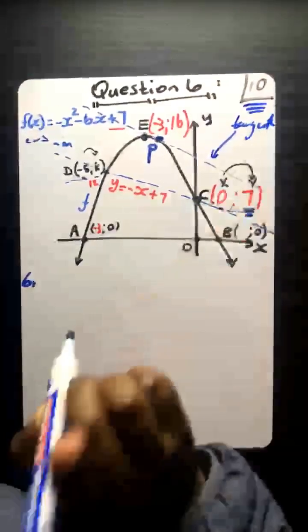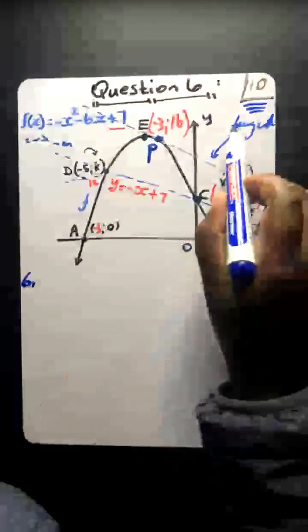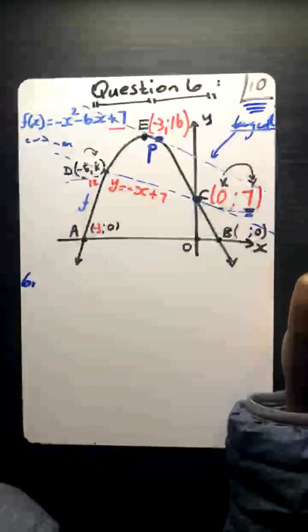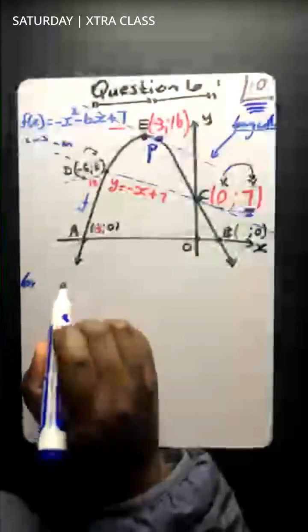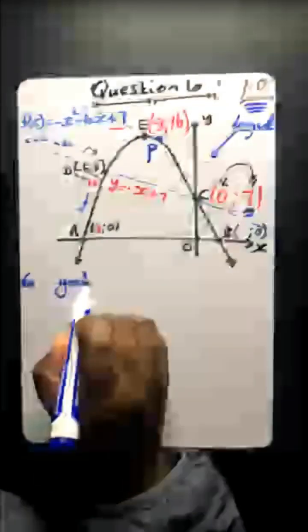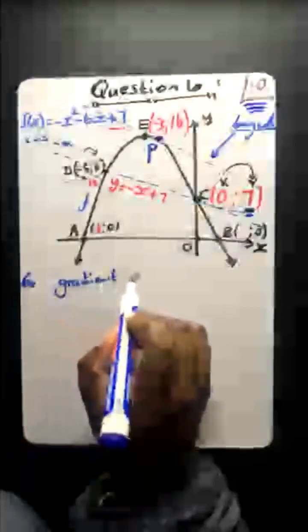When it comes to a tangent, you need to ask yourself, what is the gradient at that tangent? That is where you use the derivative, or you differentiate.